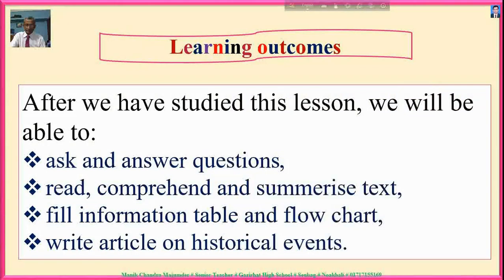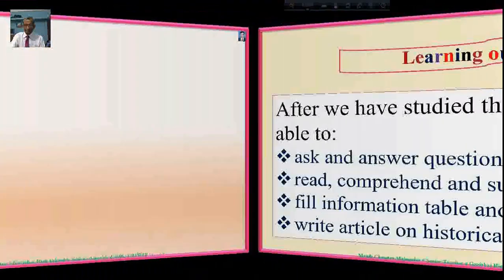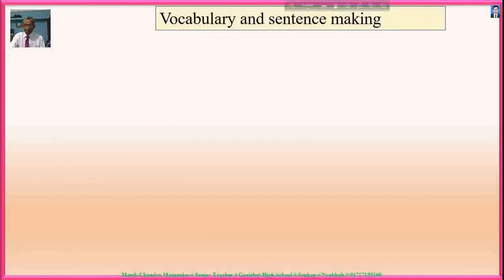Learning outcomes. After we have studied this lesson, we will be able to ask and answer questions, read, comprehend and summarize text, fill information table and flowchart, write article on historical event. Before reading the passage, we will learn the meaning of some uncommon words.